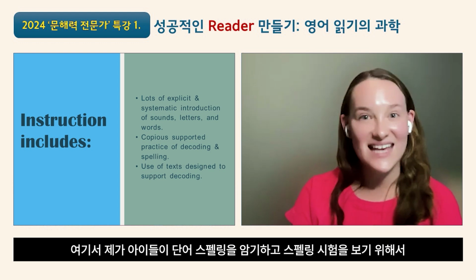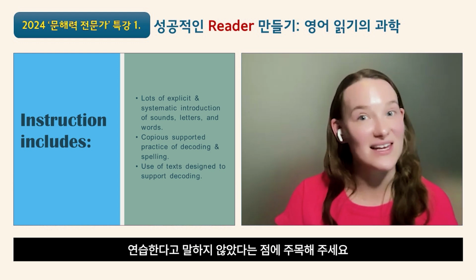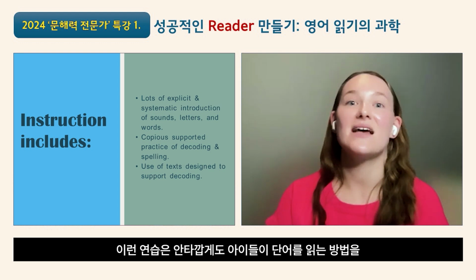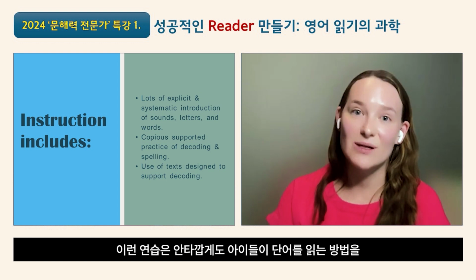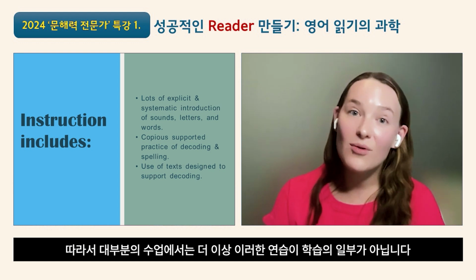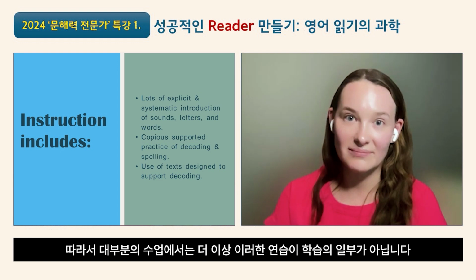Notice that I didn't say children are practicing memorizing spelling words and having tests on those spelling words. That practice is unfortunately not in alignment with how children learn to read words. So in most US classrooms, it is no longer a part of instruction.